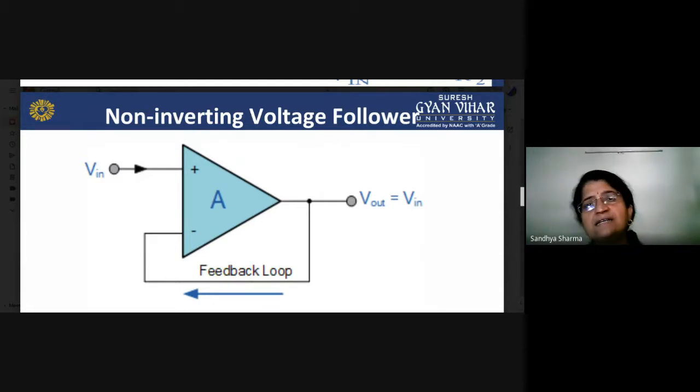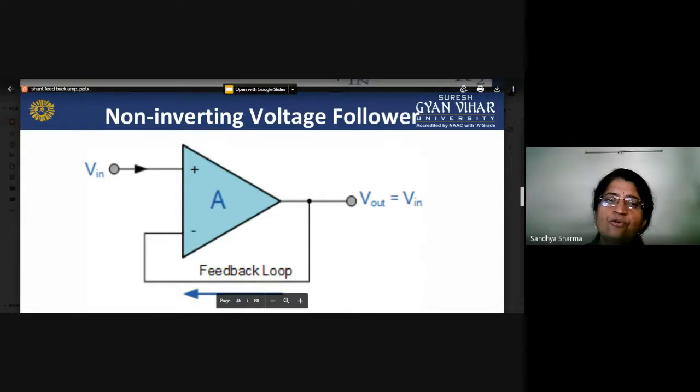So what is the basic difference between these two? Basically, with an operational amplifier we have both options. You can use the operational amplifier as an inverting amplifier, or as a non-inverting amplifier. If you are using it as a non-inverting amplifier, your input signal will be applied to the positive terminal.